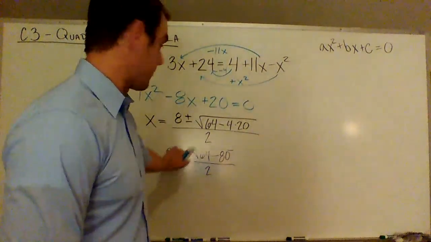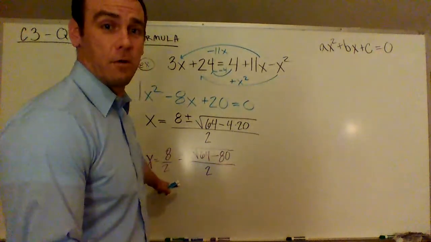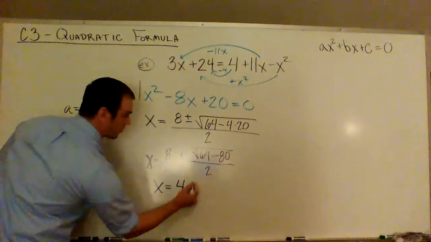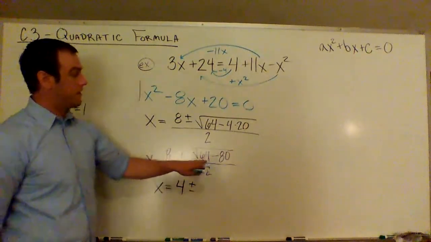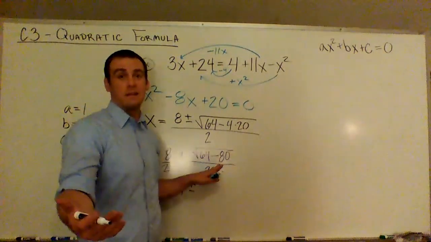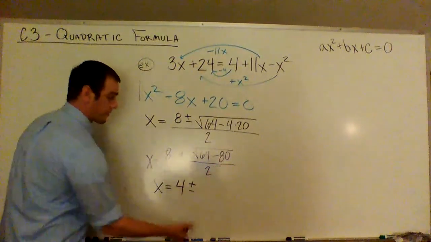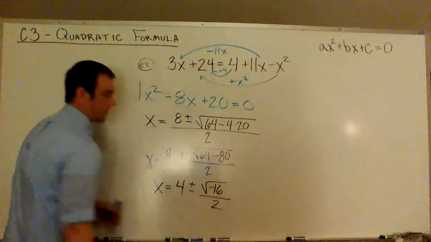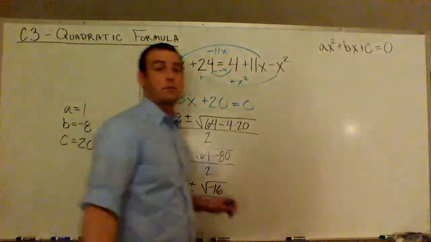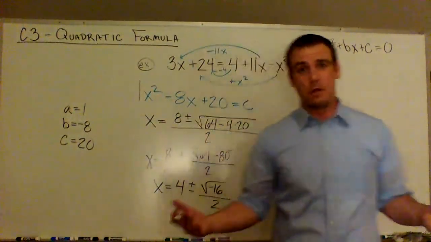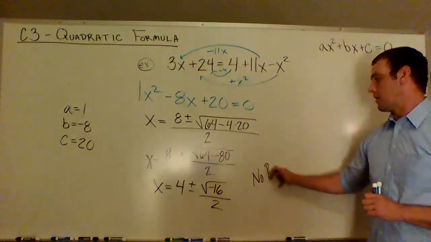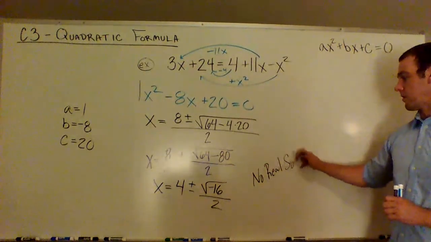Alright, there we go. 8 over 2 is gonna give us 4. x equals 4, plus or minus. 64 minus 80 is gonna be a negative 16. So square root of negative 16 over 2. Now guys, as soon as you see the square root of a negative number, you can say no real solutions.